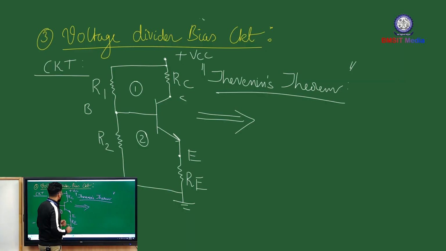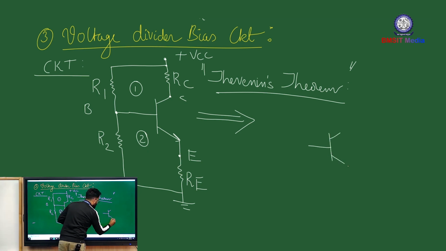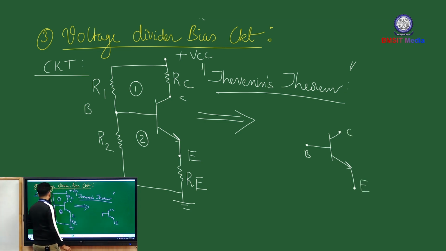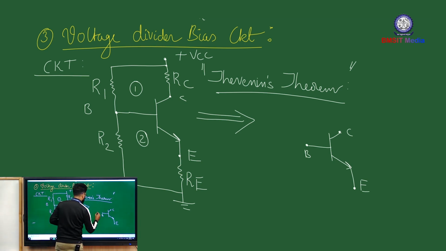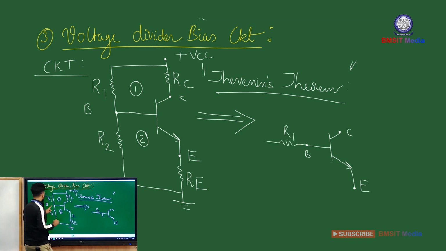Before that, I will convert this complex network into a simple network by splitting the power sources. Let us concentrate first on the input side. You have one base terminal, one collector terminal, and one emitter terminal here. The base terminal is connected to R1. The other end of R1 is connected to plus VCC.